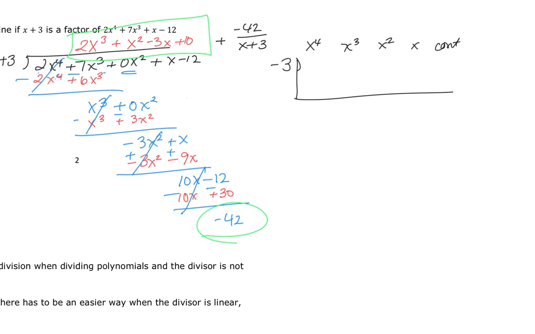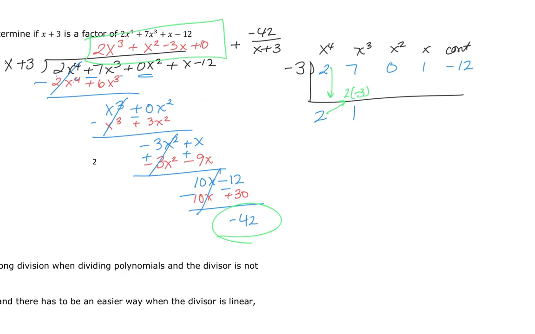The coefficients from my original are 2, 7, 0, 1, and negative 12. This drops down, so it just becomes 2. What goes here is the 2 multiplied by that negative 3, which is negative 6, and I add these together and I get 1.